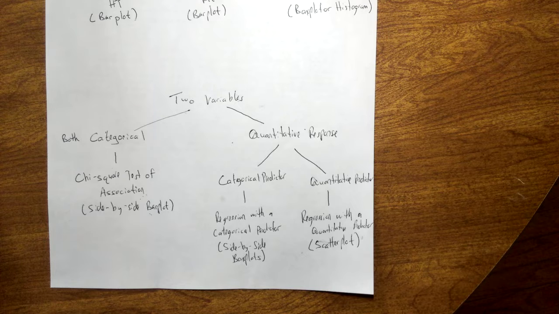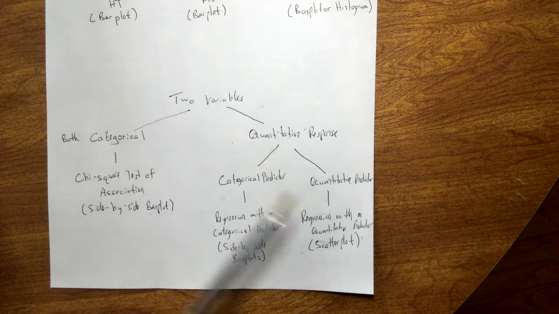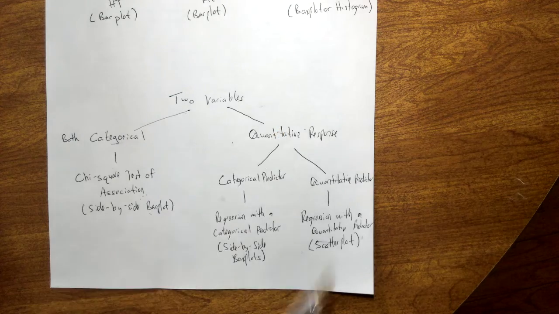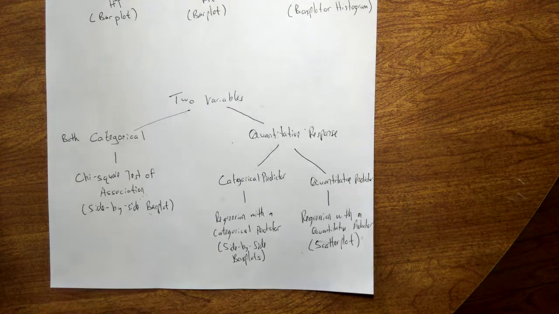Where we're actually going next is looking at the possibility of having more than just one predictor. What if you had a regression model with a quantitative response, but maybe 2 categorical predictors and 5 quantitative predictors or whatever? That's where we're heading next.